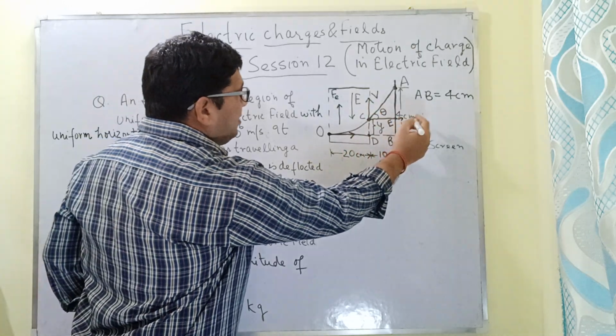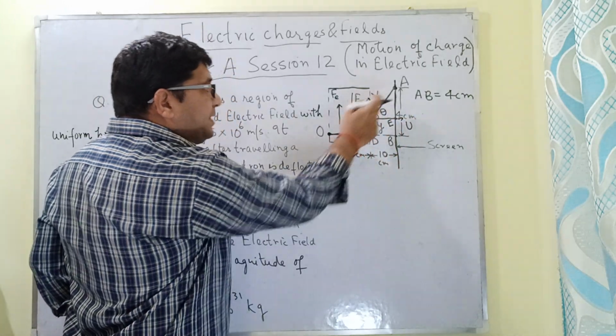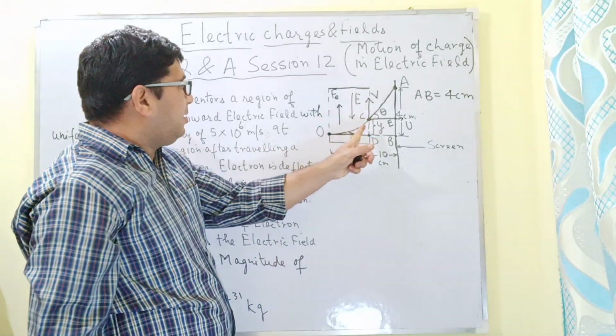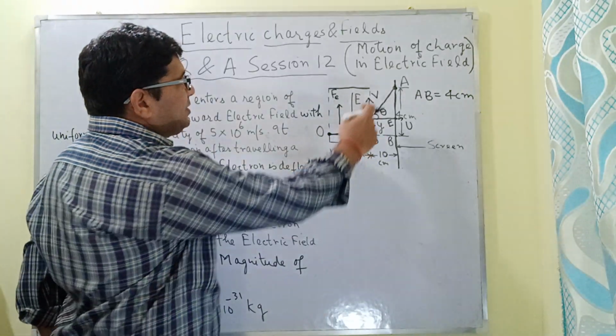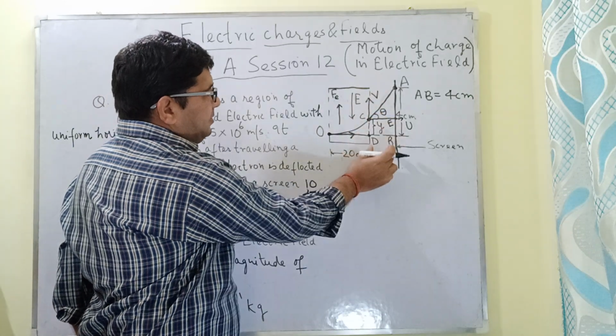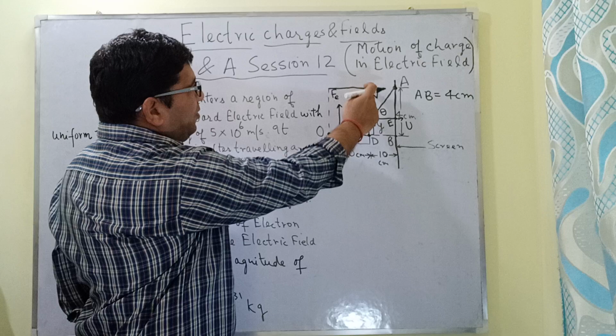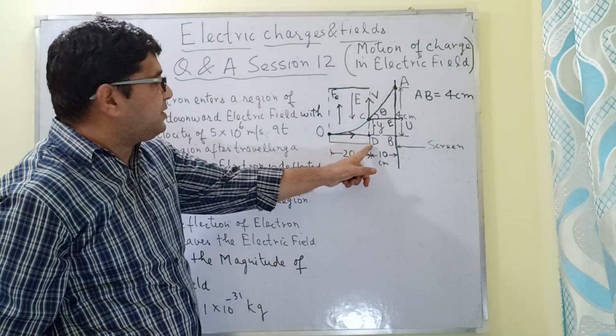When it leaves this electric field, it will not follow a parabolic path. The screen is placed at a distance of 10 centimeters from the region of the electric field.